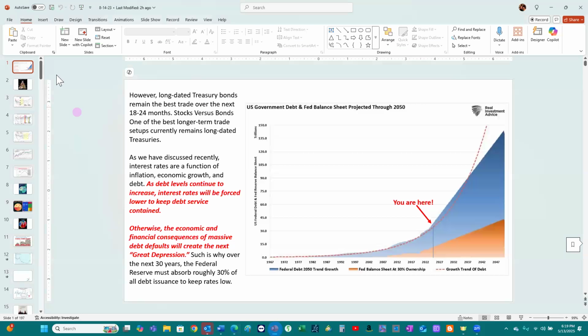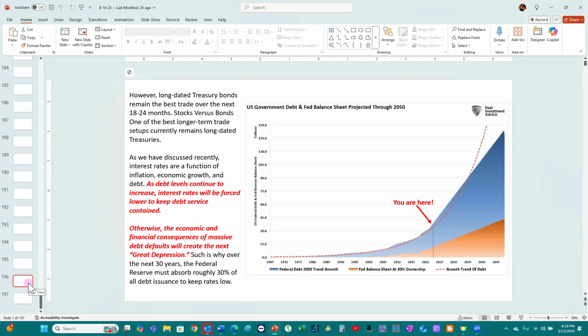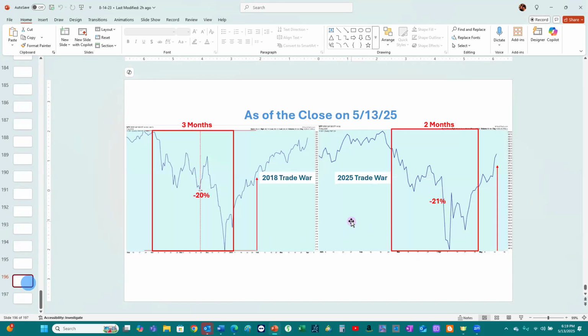If we look at the comparison with 2018, it is still continuing to show that it's following along with 2018. So here's 2018 at about the same point right here that we are right here. And 2018 started in September, had a big sell-off. 2025 started in February and had a big sell-off.